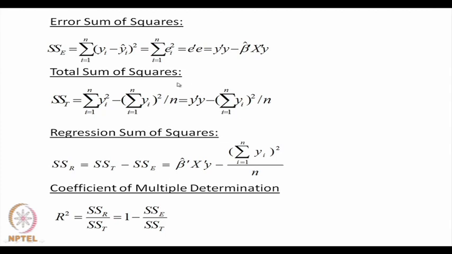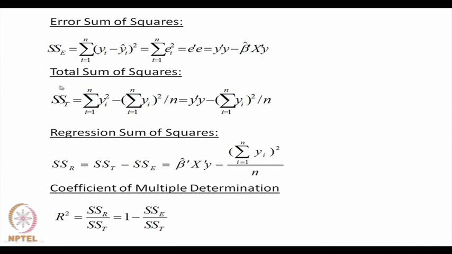Now, we can find out the error sum of squares. It is the actual value of y minus the estimated value of y, that is y hat i. Square them, sum over i equal to 1 to n. This is nothing but E i square, and this can be written as E transpose E if E is a vector, and then we can find an expression.